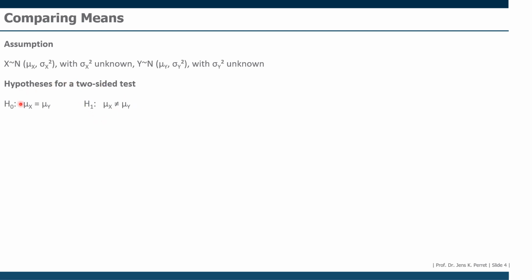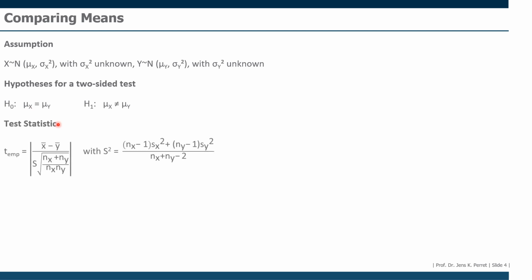If we want to conduct such a two-sample t-test, we have to do much more with regard to the test statistic. And that's what we can see here. First off, we need to calculate some kind of joint variance. We take the sample variance of the first sample and the variance of the second sample, and then we weigh them by the number of observations in each sample.